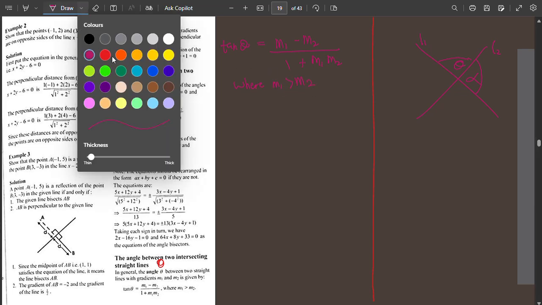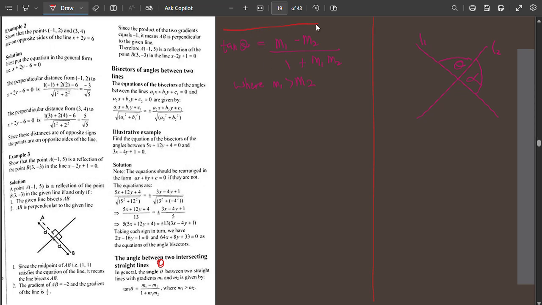So that's what we are going to use in this section, and we have to memorize this formula. When two lines meet and we want to find the angle between them, the formula is tan theta is equal to m1 minus m2 divided by 1 plus m1 m2.